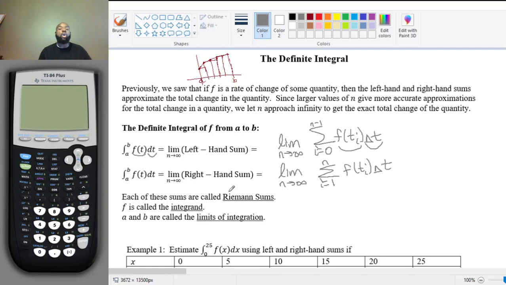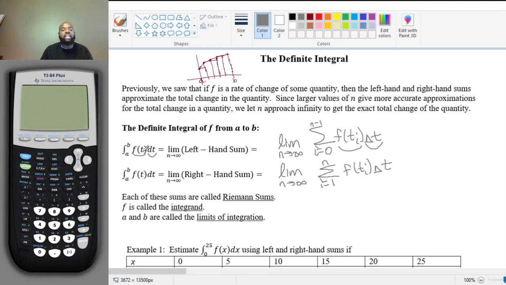Each of these sums are called Riemann sums, right? And so if we let this variable n go to infinity, then we call these Riemann sums after a mathematician named Riemann. The f in our integral notation is called your integrand, right? So this whole statement is the integral.